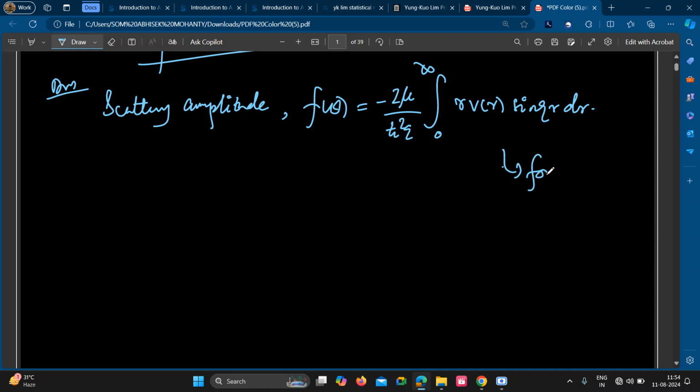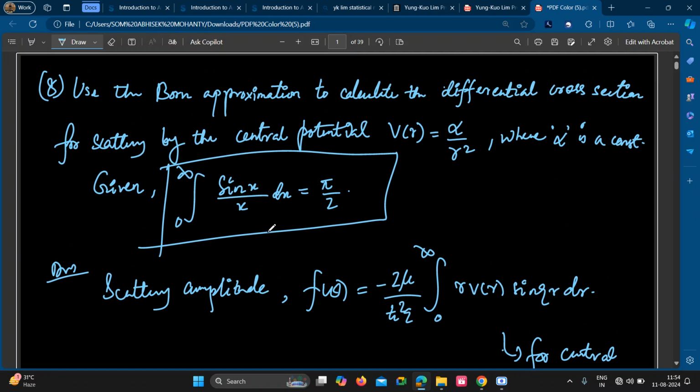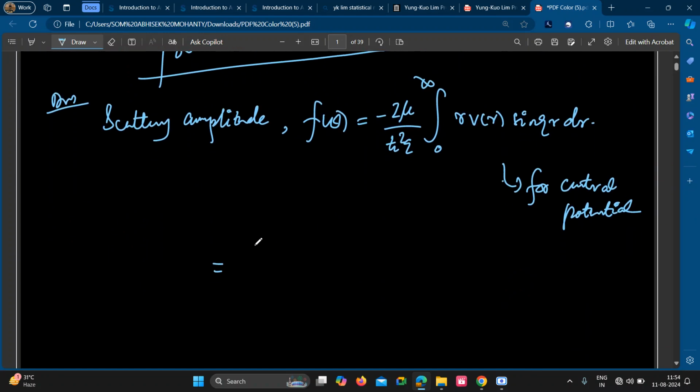We have done it again and again, so I hope you remember it by now. The potential is given as alpha by r square, so let's put it in.